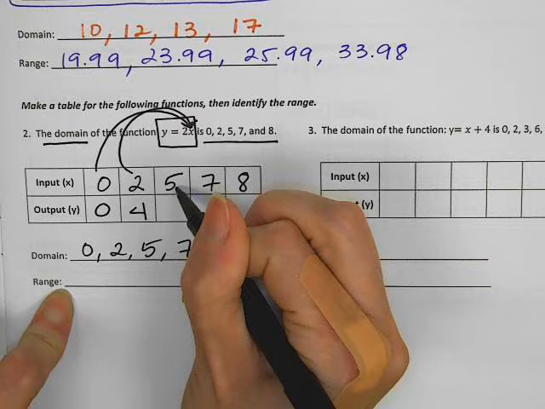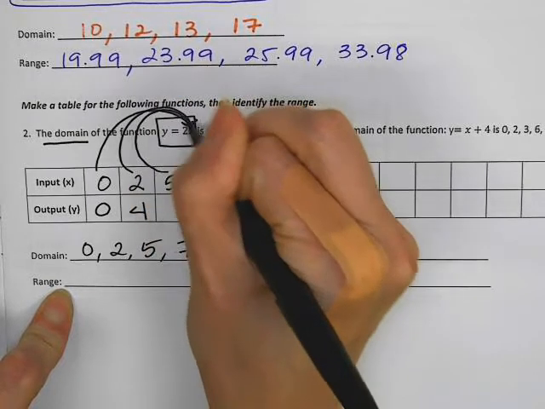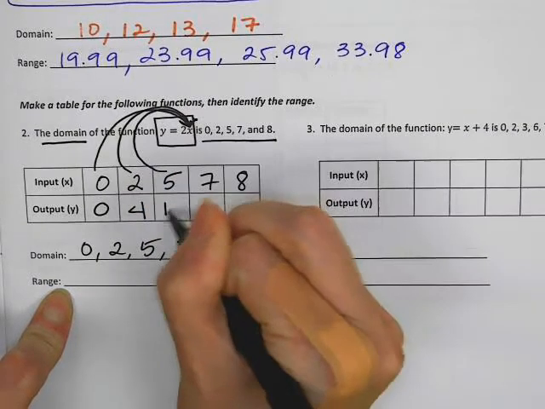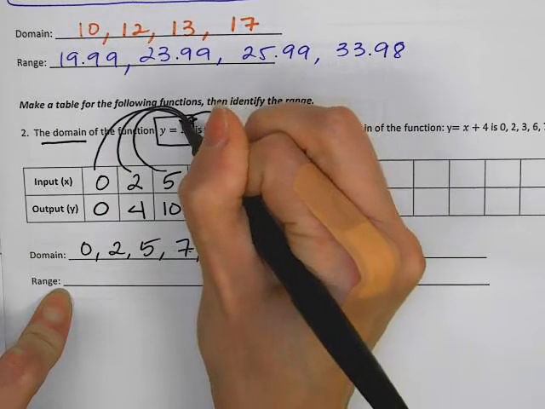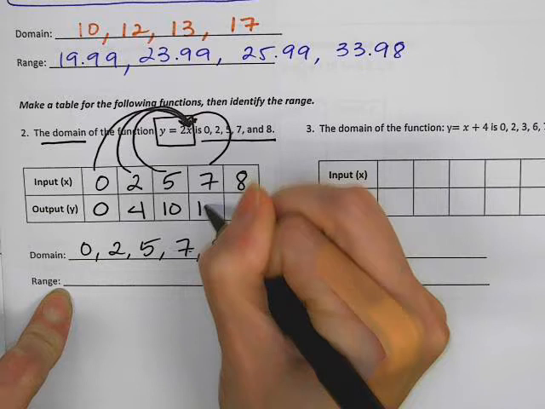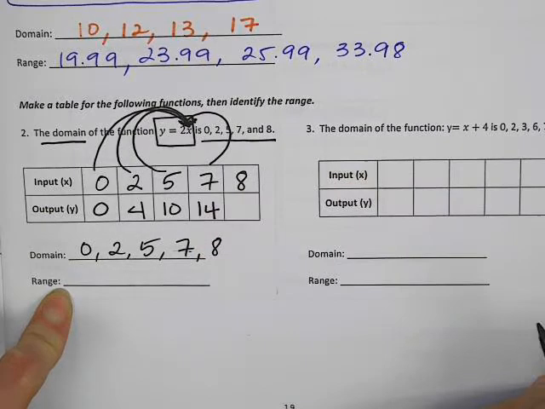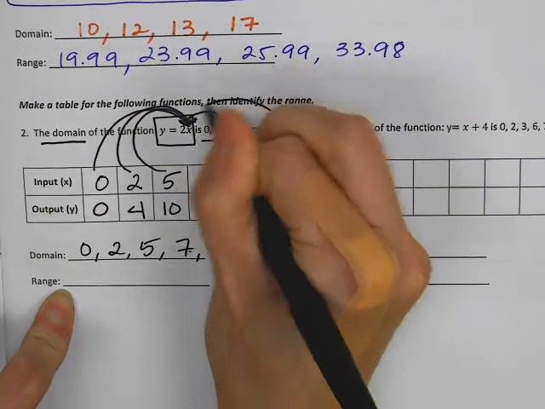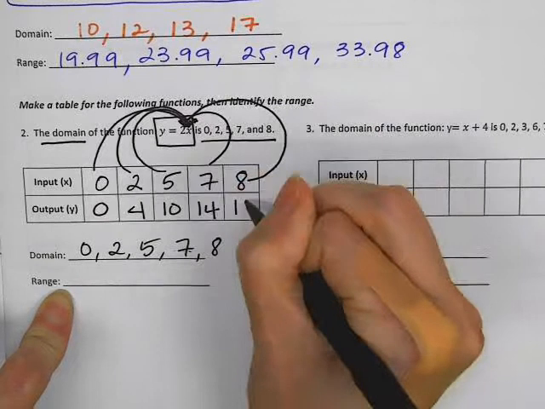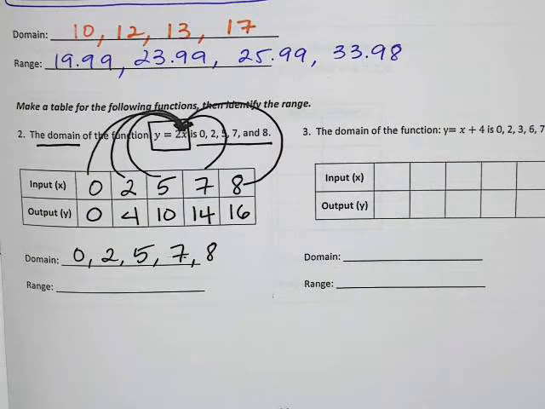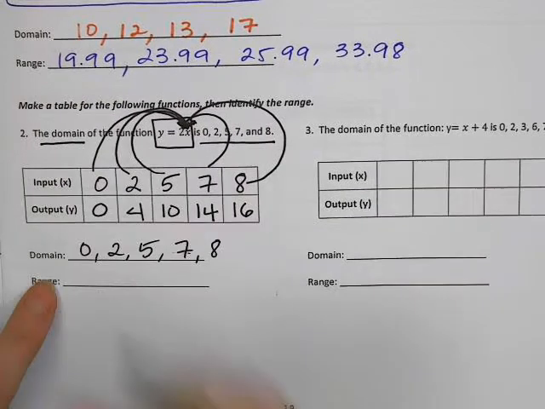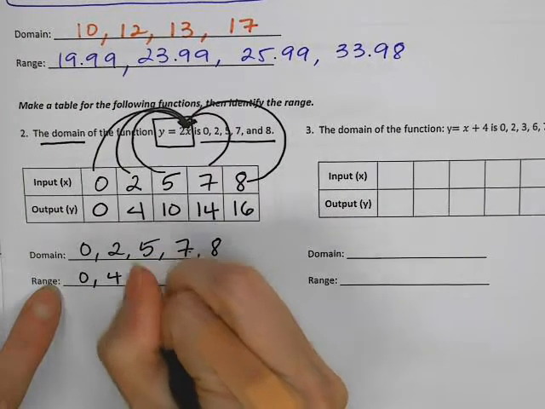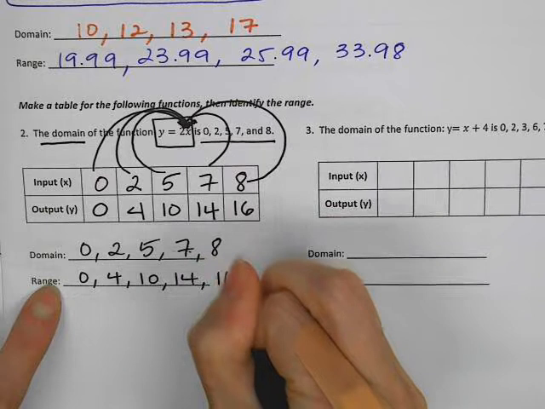When x is 5, y is going to be 2 times 5, which is 10. When x is 7, y is going to be 2 times 7, which is 14. And when x is 8, y is going to be 2 times 8, which is 16. And then remember, the outputs are just the range, so you can copy those down here, and you're done.